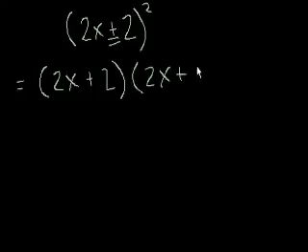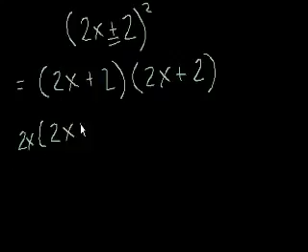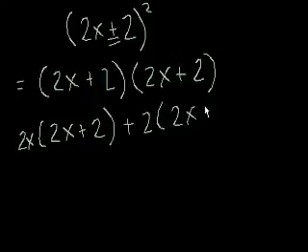Any number squared is just that number times itself. So any expression, like 2x plus 2 squared, is just that expression times itself. And now this is the same thing as 2x times 2x plus 2 plus 2 times 2x plus 2. We just multiply everything out.